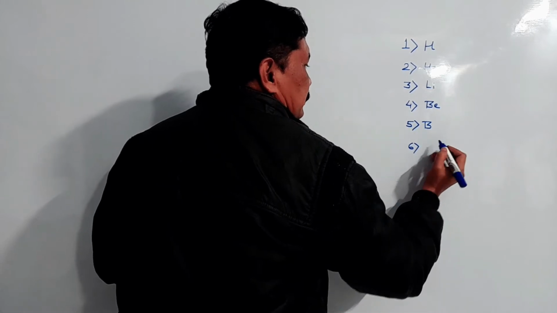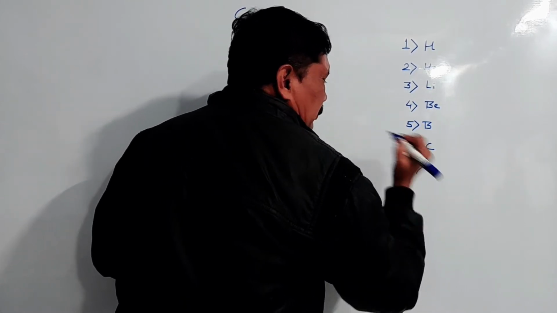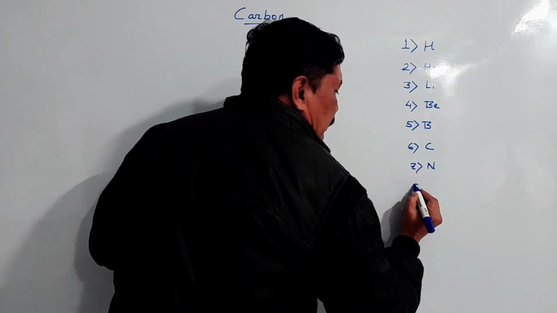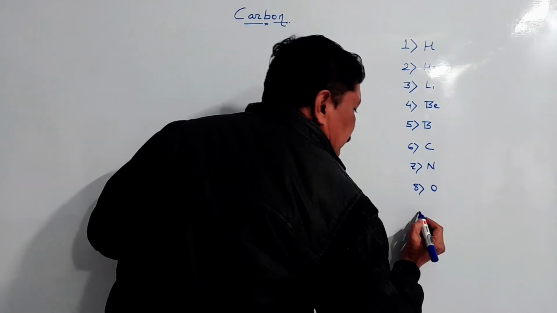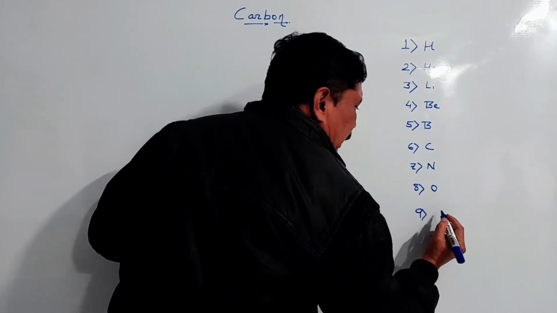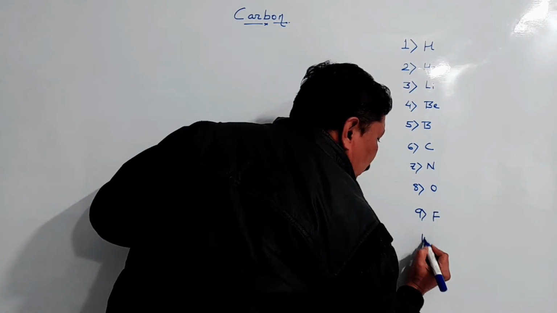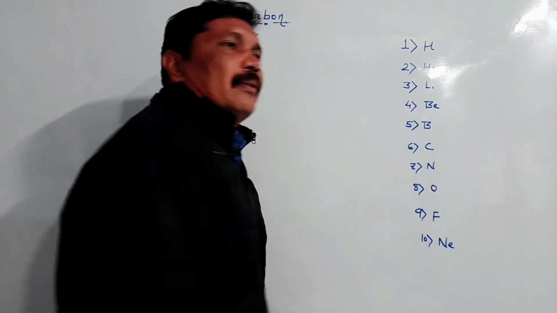Sixth place, carbon. Seventh place, nitrogen. Eighth place, oxygen. Ninth place, fluorine. And on the 10th place, we get neon.